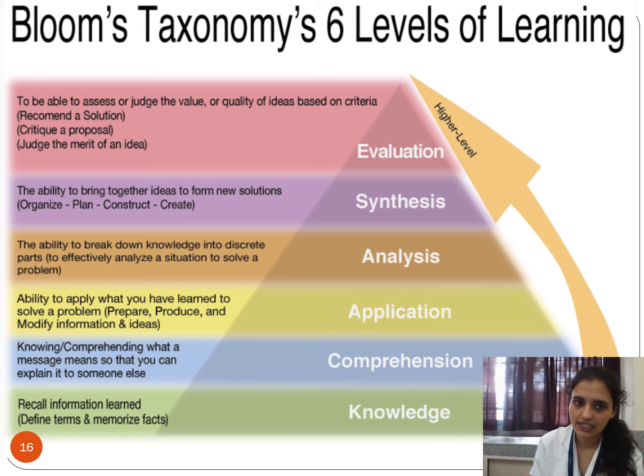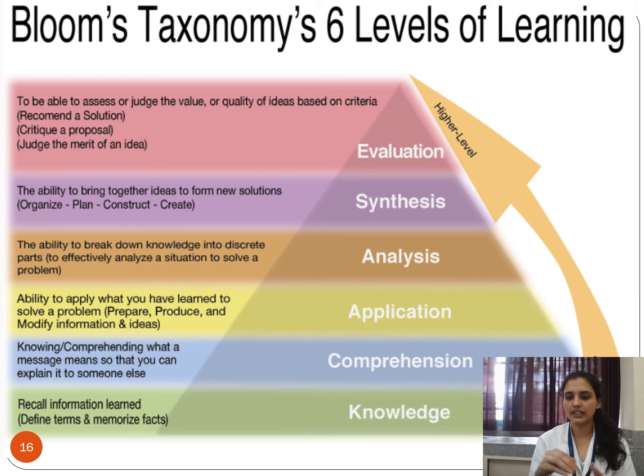Then the synthesis. Synthesis is the ability to bring together new ideas and old ideas. So at this stage we can create our knowledge or synthesize new knowledge. And the last stage, the higher level, is evaluation.